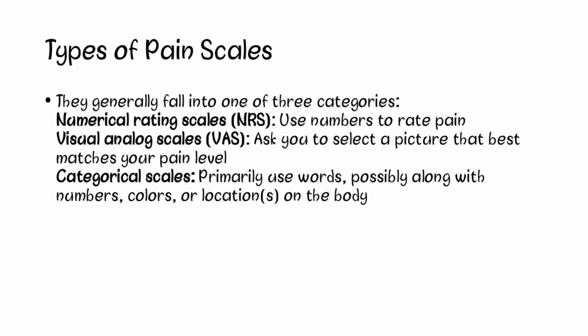This type of pain scale basically asks you to select a picture that best matches your pain level. Then you have a third category, the categorical scales. This type of scale primarily uses words, possibly along with numbers, colors, and locations on your body to rate your pain.